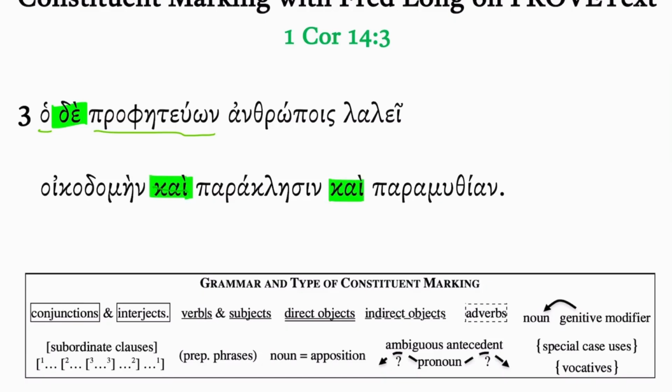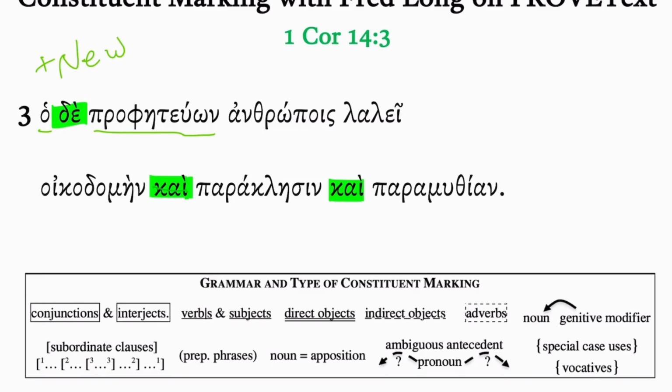I look for them right away. Kai, each of those is a connector. So de, remember, is marked for new development. There's a new point being made here. In the context, it could be contrastive, but de doesn't mean contrast. It just means that something new is being added to the discourse, a distinctive development.